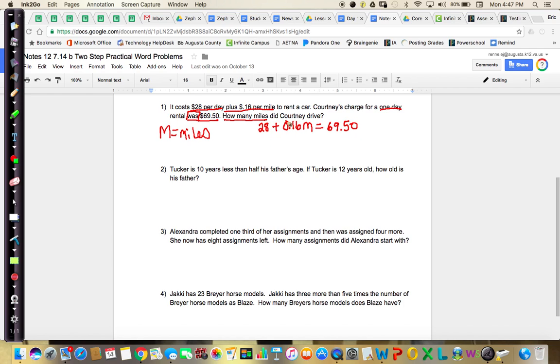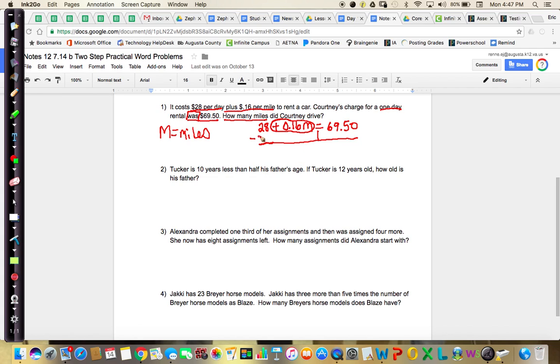Okay, so we are going to circle the variable, and we're going to draw our t. Now, when we want to get rid of the 28, what is here does not matter. If it was a plus sign, if it was a minus sign, what matters is what's in front of the 28. And I don't see anything, so it means it's positive 28.